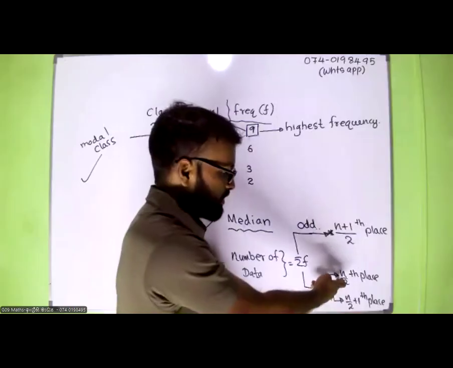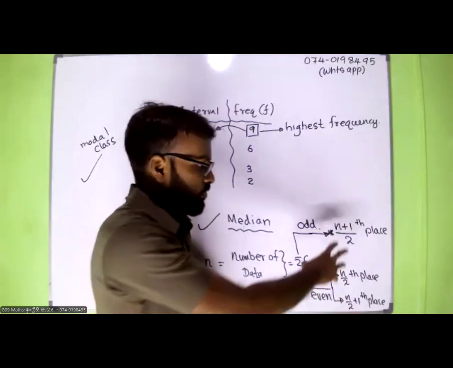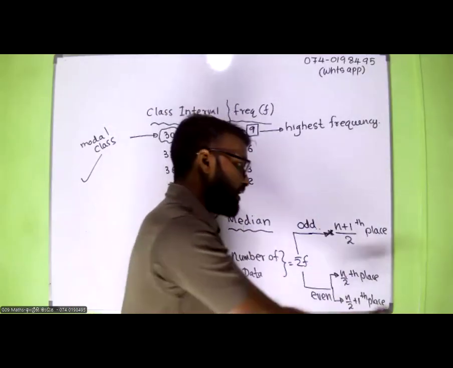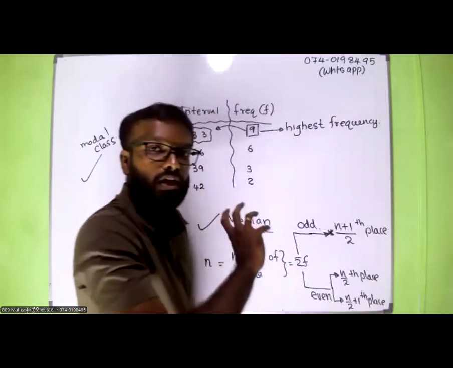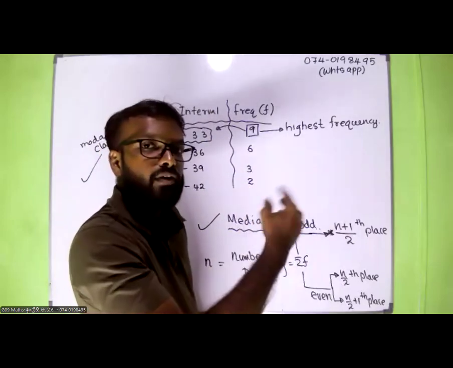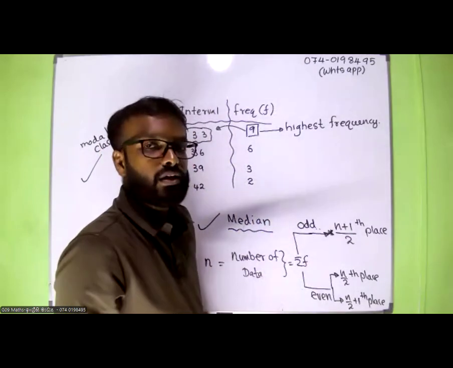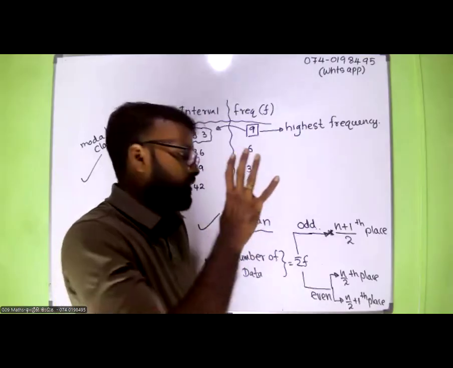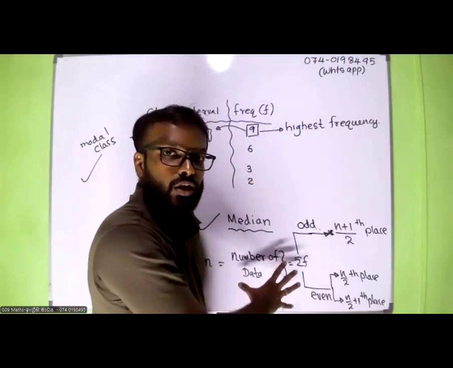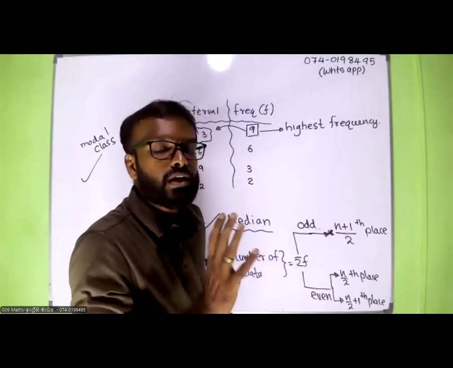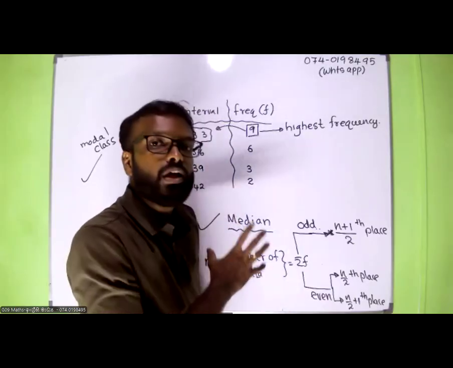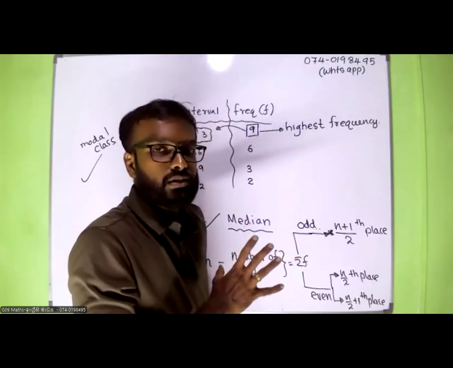Then the values in these places can be added together and divided by 2, and you can find the median. You have to use the same thing to find the median class.